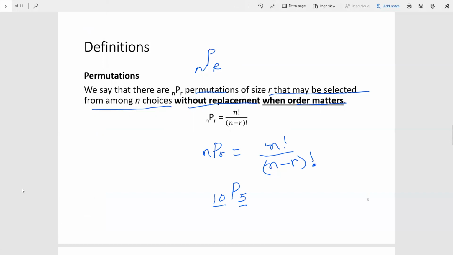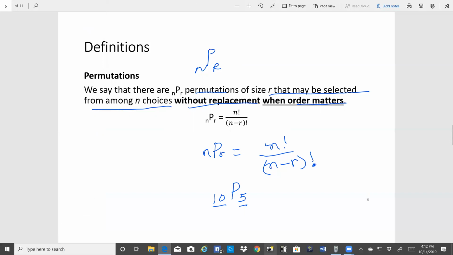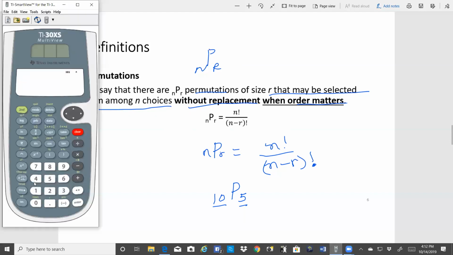We're going to be able to calculate this by putting the 10 in and hitting probability. And we're going to be doing permutations here, so we're going to pick number 1, and we're going to do it 5 at a time. And we get 30,240.